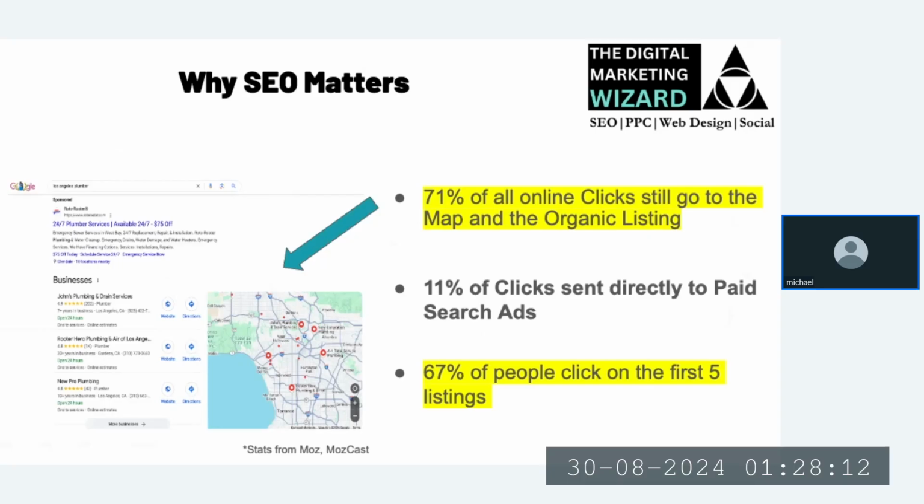So if you really want your SEO to take you places, SEO is going to allow you to fast track to the top of these first 3 results or the first 5. I know it's great to be on the first page, but a majority of people aren't going to scroll all the way down to the bottom of that page, and they're not going to click on the next button to go 4, 5, 6 pages deep to look for someone, because all the elements tell them not to do that.